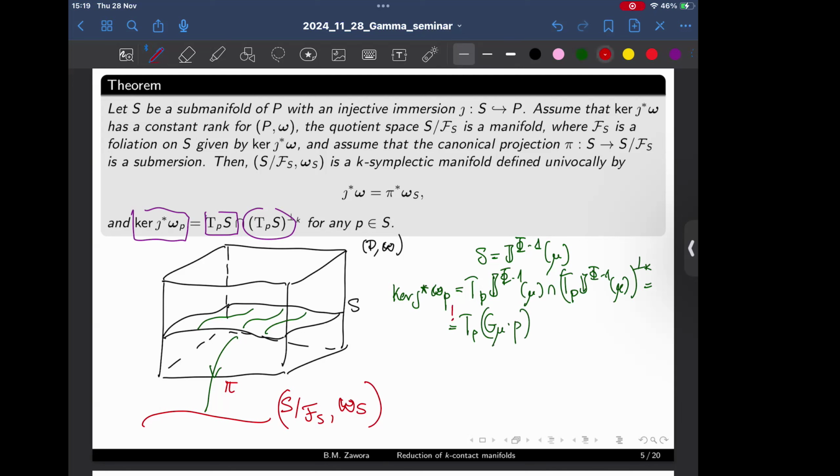We want it because in general it doesn't hold. But if this equality is true, it would retrieve the Marsden-Weinstein scheme for k-symplectic manifolds.